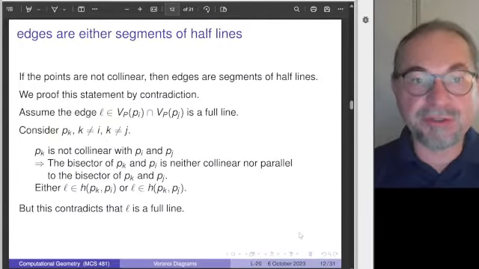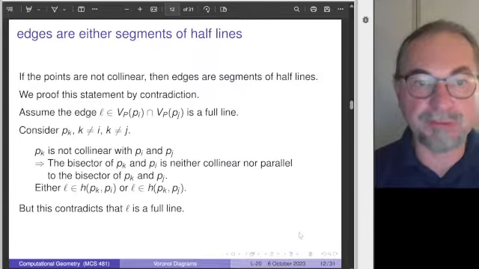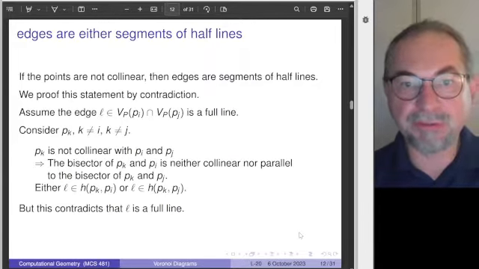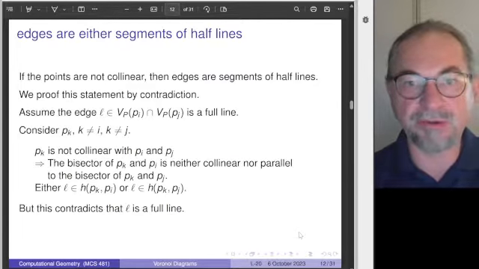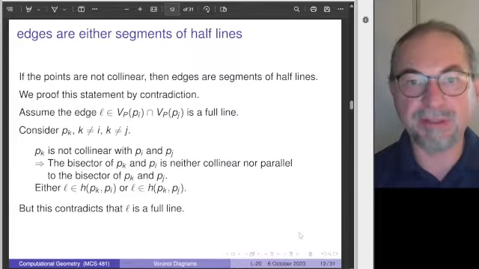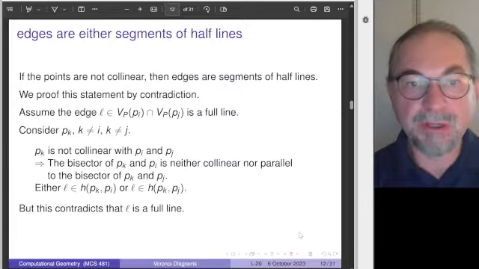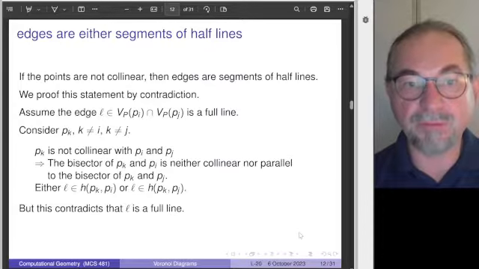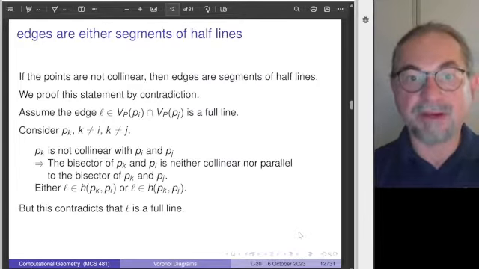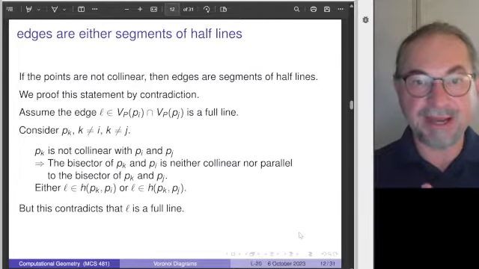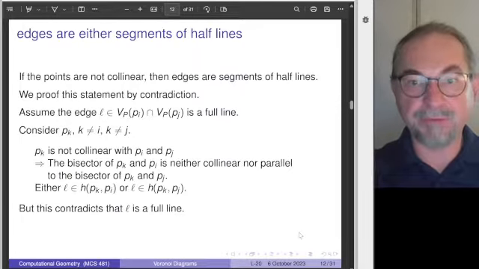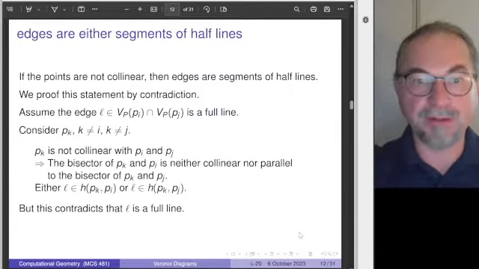So assume first that we want to prove that all the points are not collinear, so no 3 points are lying on a line. Then we need that all the edges are either line segments or half lines. So assume that we have a full line. So we have a bisector, if you like. So the edge L is actually now separating PI from PJ, and it is a full line.